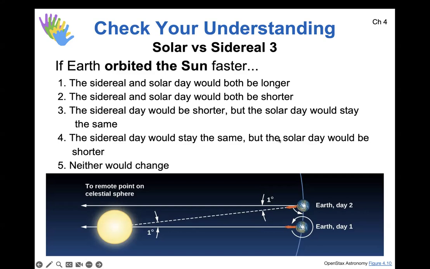If Earth orbited the sun faster, what would happen to the sidereal and the solar days?